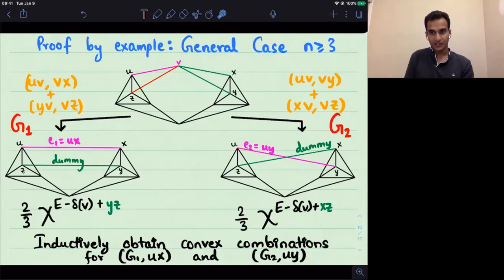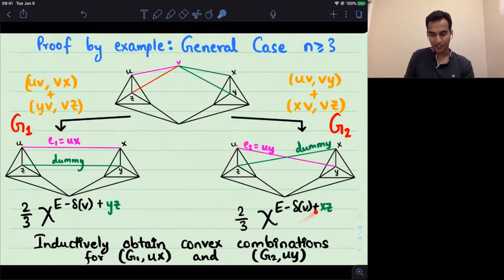We get two smaller instances on n-1 vertices each. Inductively, we can obtain convex combinations for each of these sub-instances. Observe that the convex combination that we get here is precisely 2/3 chi of E minus delta V plus YZ. The edge UX does not appear in the convex combination, simply because it's excluded.